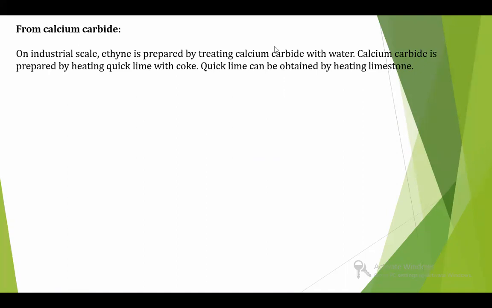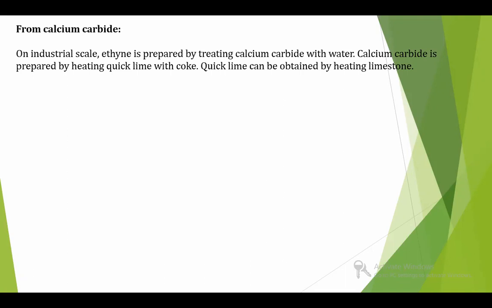We'll be studying ethyne, which has two carbons with a carbon-carbon triple bond. On a large scale, ethyne is prepared by treating calcium carbide with water. And calcium carbide is prepared by heating quicklime, CaO, calcium oxide, with coke.